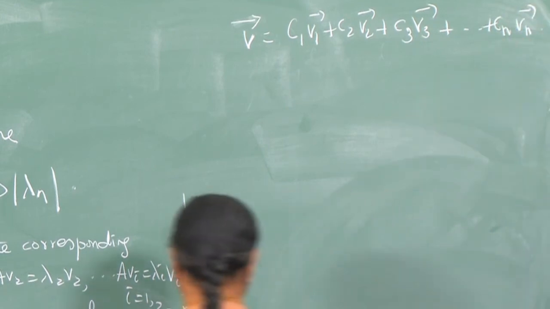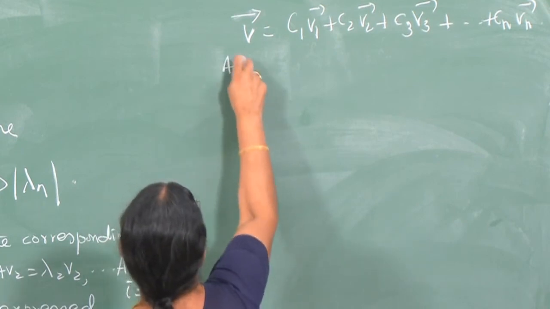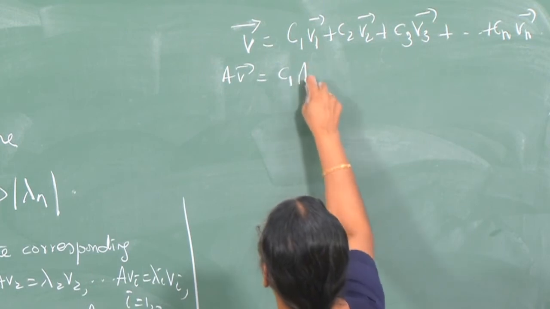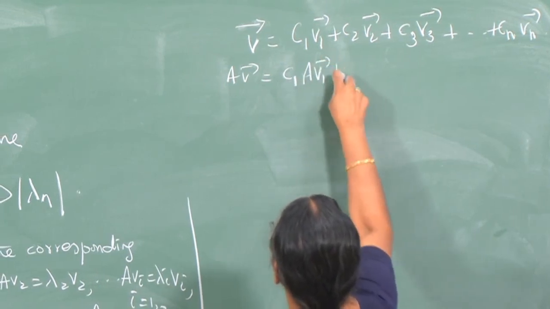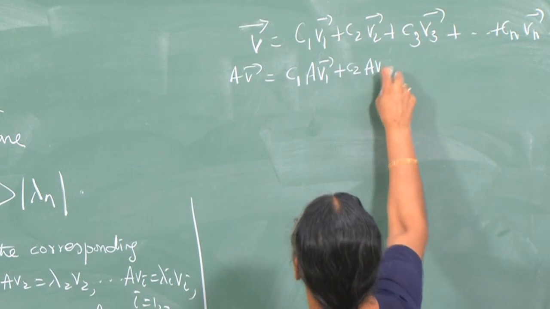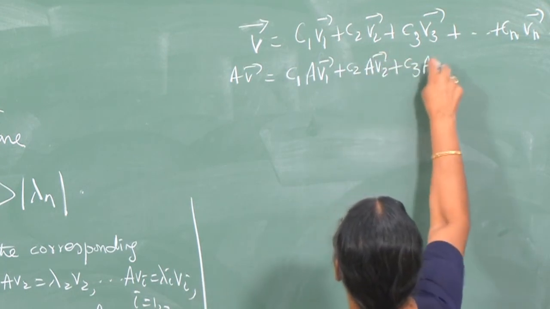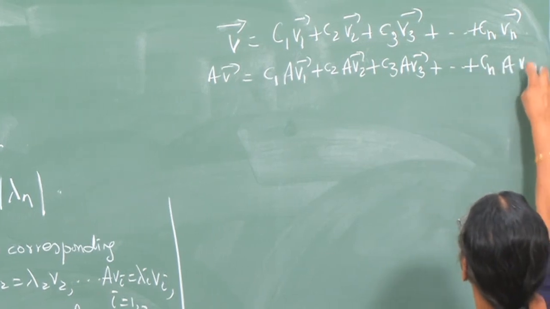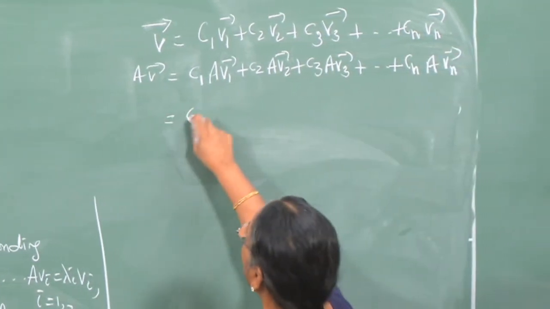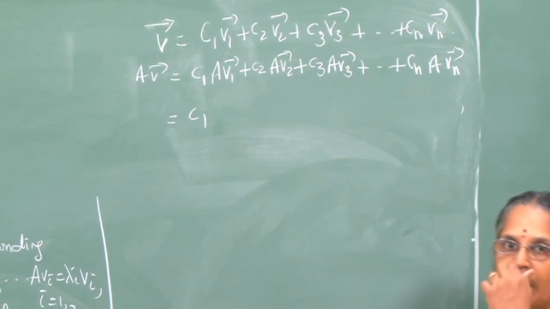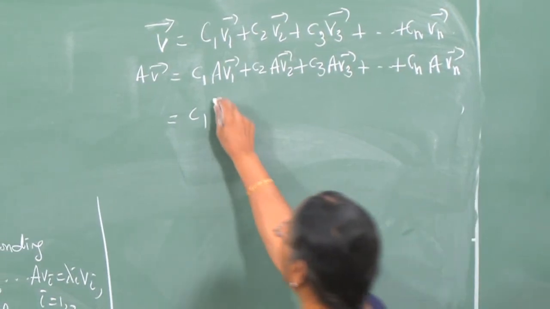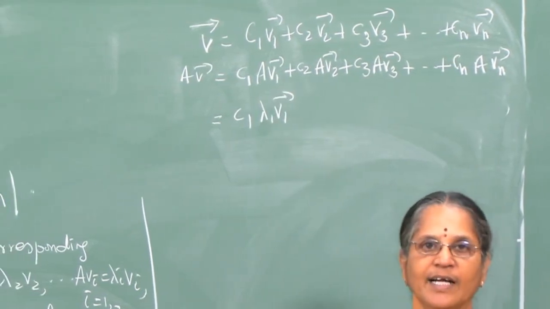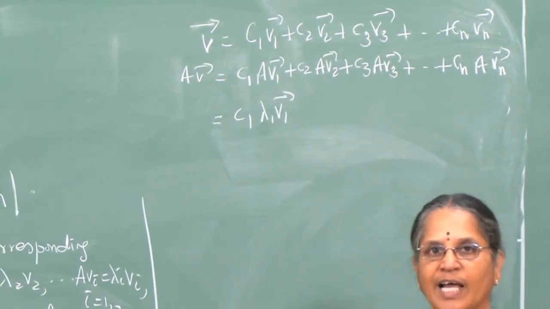And so, I compute A times the vector V. C1 is a constant, so it is C1 into A V1 plus C2 A V2 plus C3 A V3 plus etc. plus Cn into A Vn. But what do we know about A V1? A V1 will be lambda 1 into V1. Why? V1 is an eigenvector associated with the eigenvalue lambda 1.